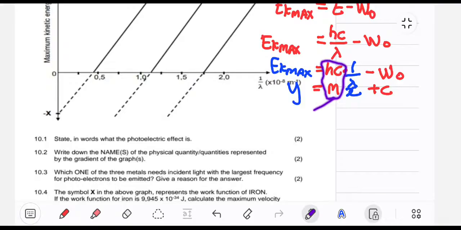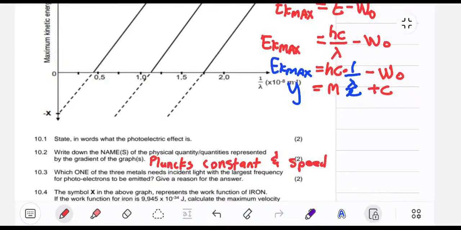So what is the gradient? By name, it's Planck's constant and speed of light. So I will write Planck's constant and speed of light.